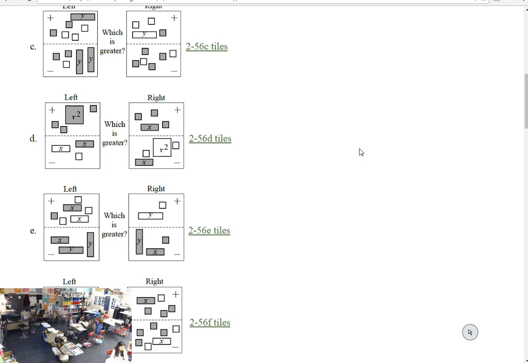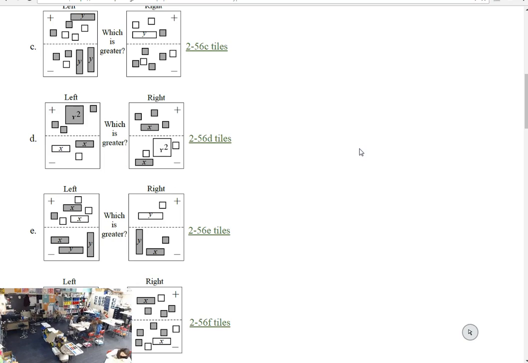You could use actual tiles. X squared is X times X. So imagine 5 times 5, 25.